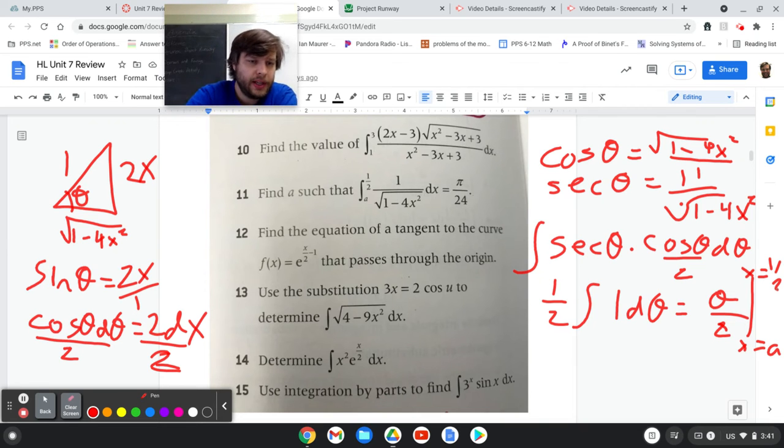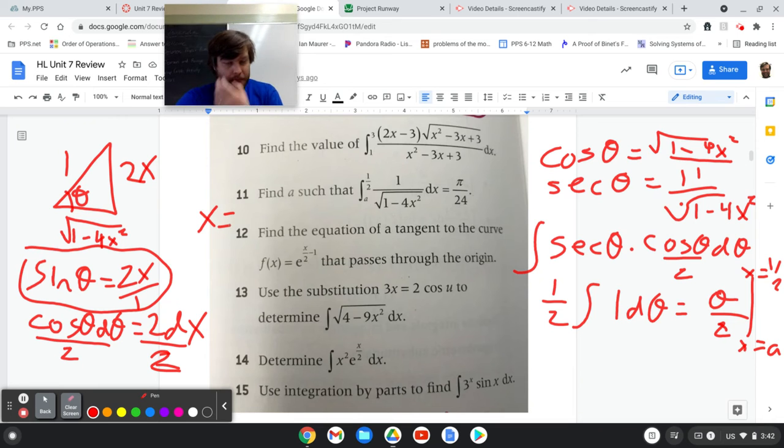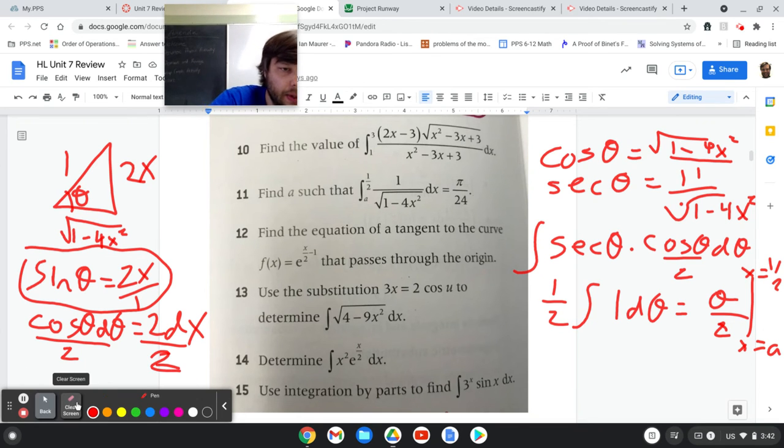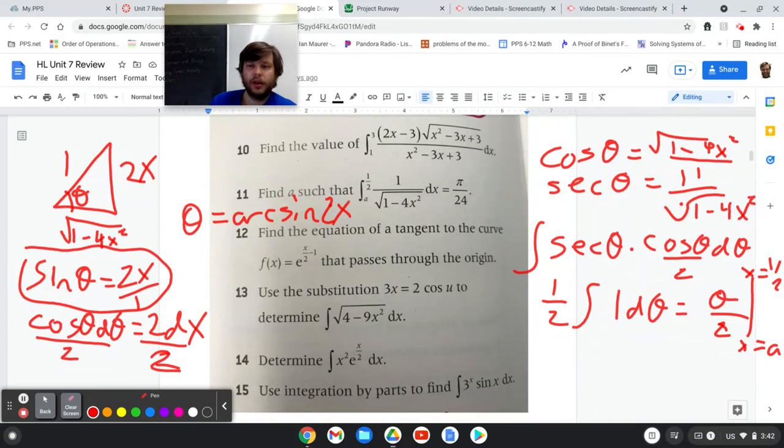If I know that sine of theta is equal to 2x, I know that theta is equal to arc sine of 2x. And so to redo my bounds of integration here, I can have arc sine of 2a to arc sine of 1/2 times 2.